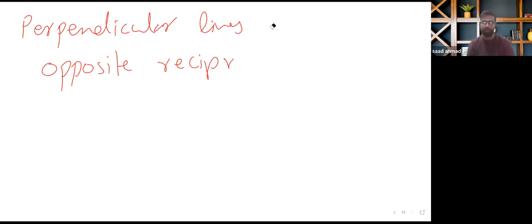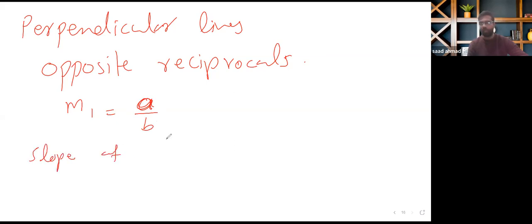Let's say I have a slope m1 of the given equation, any number a, or let's say a over b. That is the slope of one line. The slopes of parallel lines and the slopes of perpendicular lines are represented by symbols. The parallel line symbol is this.